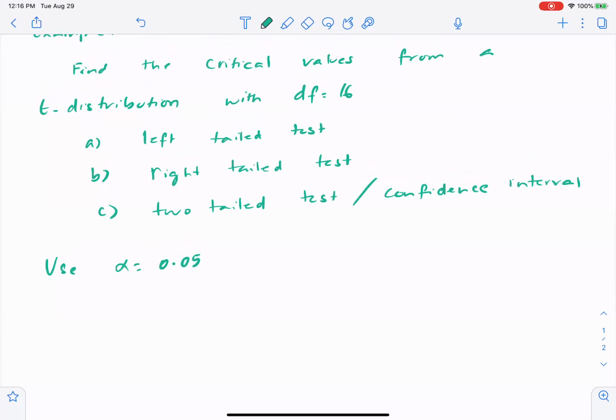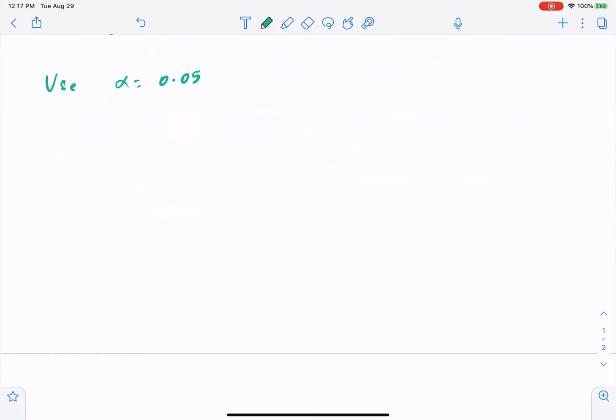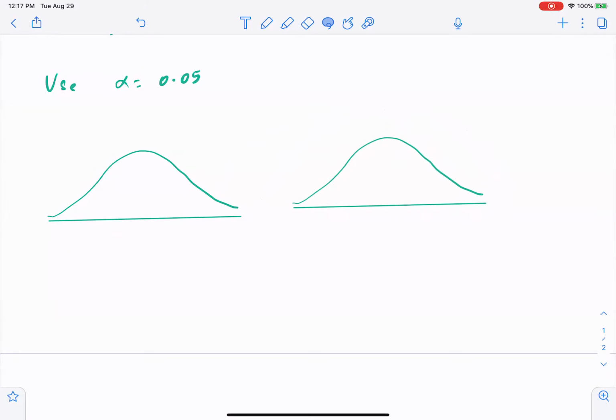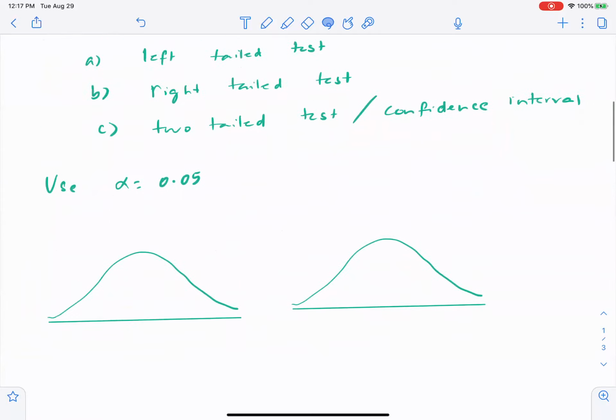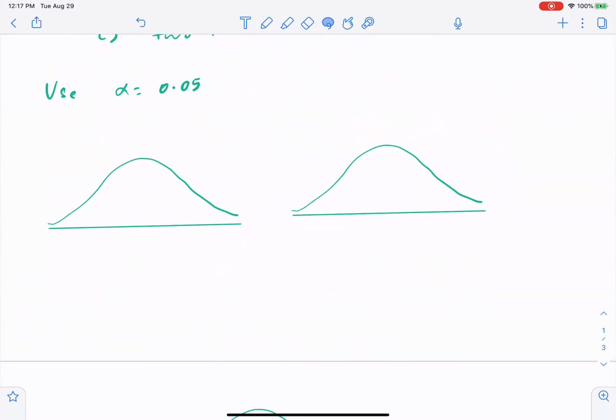It is always a good idea to draw the distributions, understand how alpha relates to the cutoff value that you have, so that when we get to a test, you understand things better. Good. So first case is left-tailed.